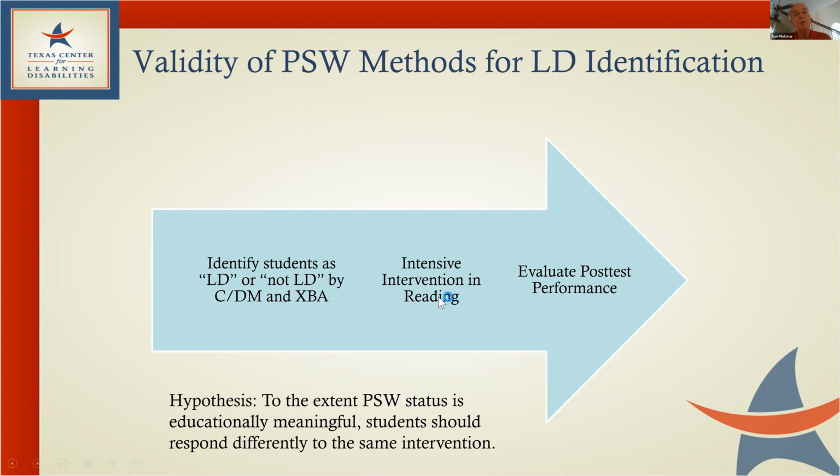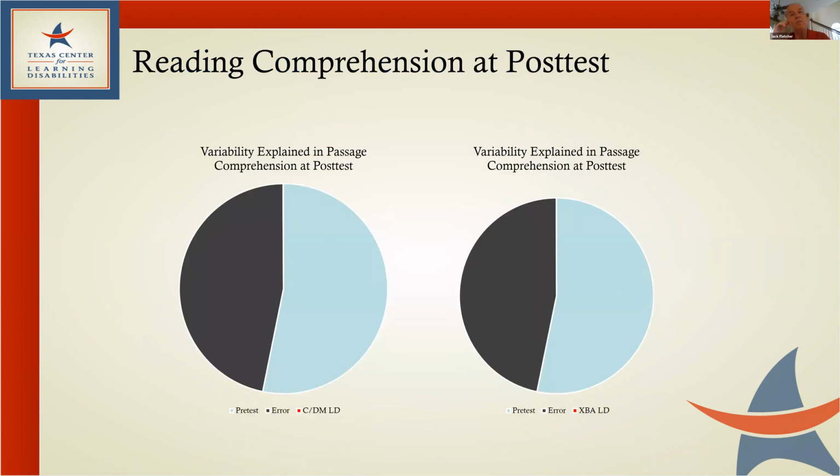We gave kids an intensive intervention in reading, and we evaluated post-test performance, and we questioned whether identifying kids as LD or not LD, whether status made a difference in predicting intervention response, or whether cognitive tests themselves added value to the baseline assessments of reading and spelling in these reading interventions. So this is the outcome.